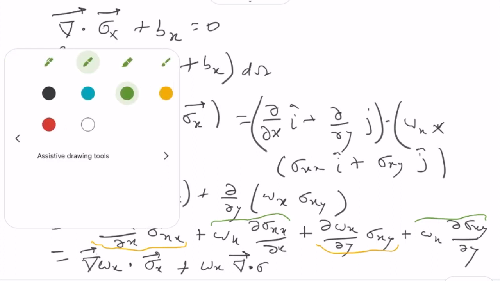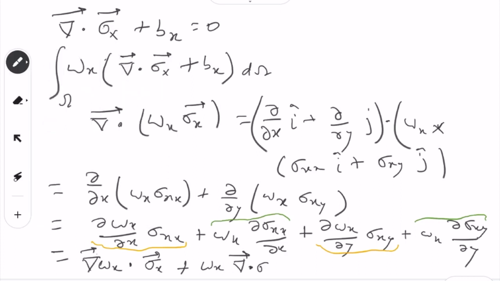So combining together we can write here wx common, and this plus this. This plus this is nothing but divergence of sigma x. So we have here divergence of sigma x.